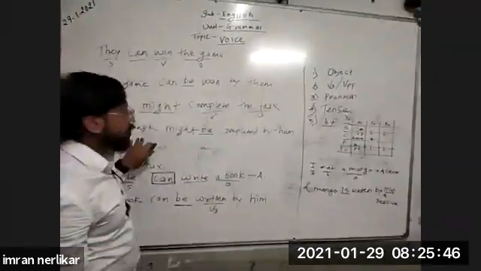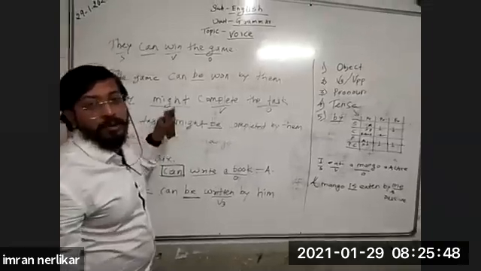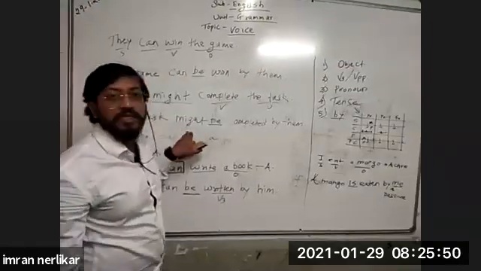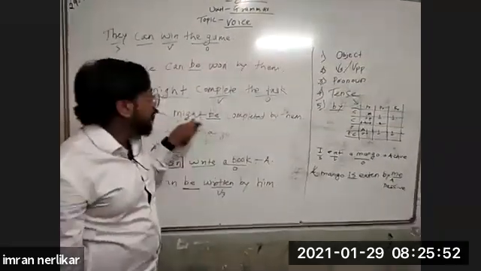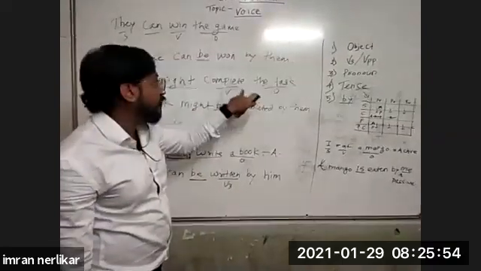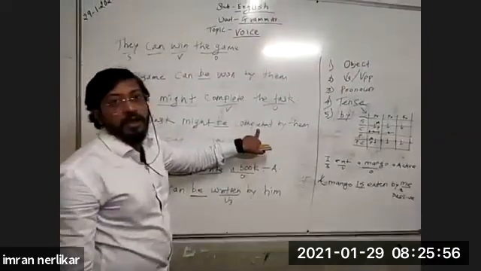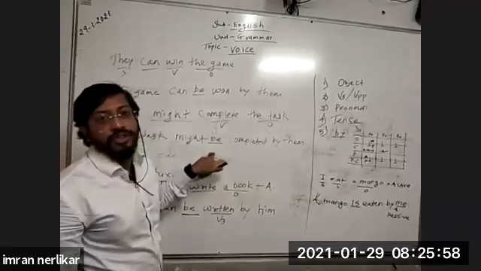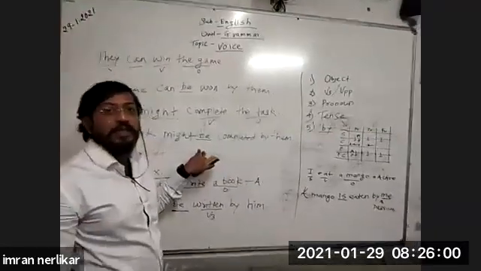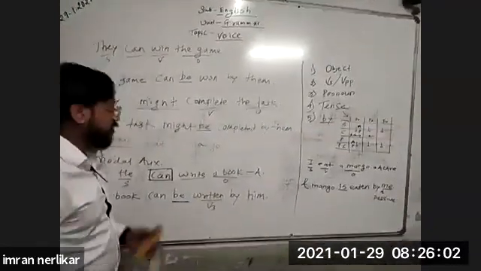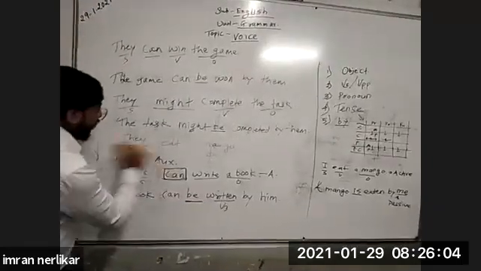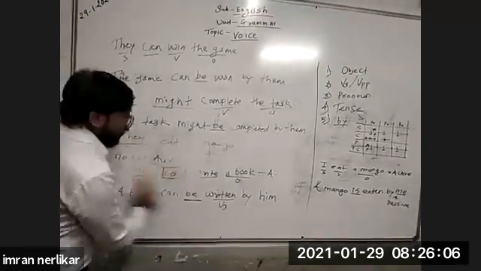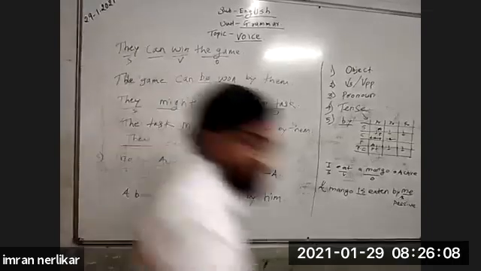It is very easy. Only you have to take be and after that V3. Other than that, there is no change. It is very, very easy. But if you understand, it is easy for you. After this, we'll take one more example.